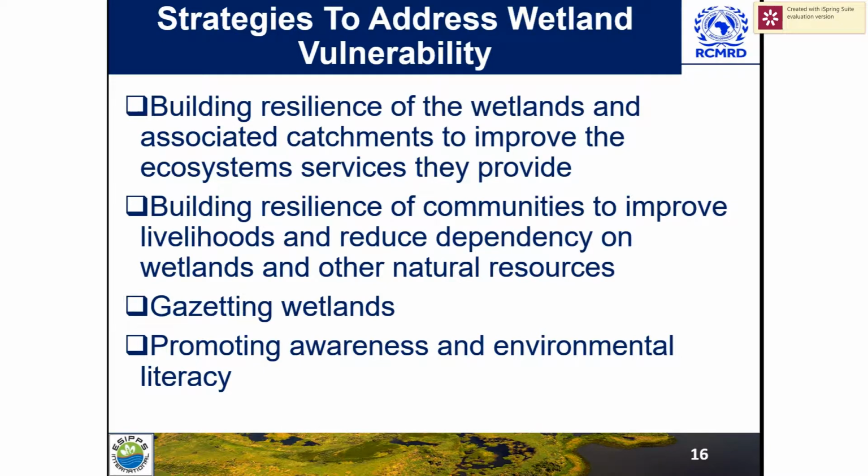We see that wetlands that are located in developed countries are actually more conserved in developed environments than in the rural environments, because people who are financially stable, who no longer depend on wetlands for food and water and so forth, actually use wetlands a lot for leisure and recreation. So they tend to protect these wetlands more.